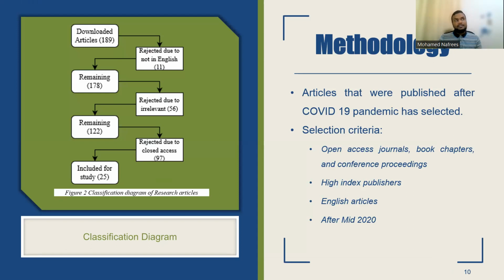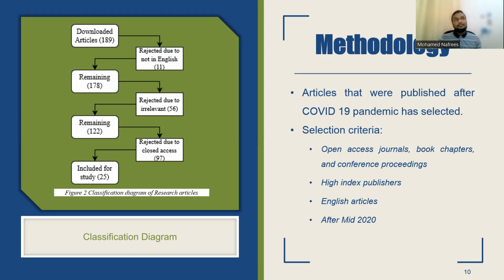Therefore, I selected papers published after mid-2020, which is when people started publishing papers related to e-learning and the pandemic, I mean COVID-19. I selected papers published after mid-2020 based on the following conditions: open access journal, book chapter, and conference proceedings.